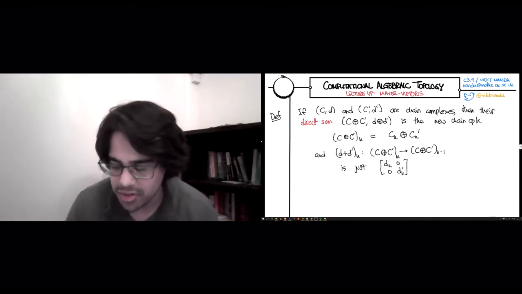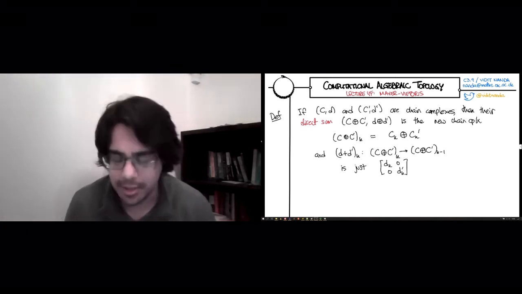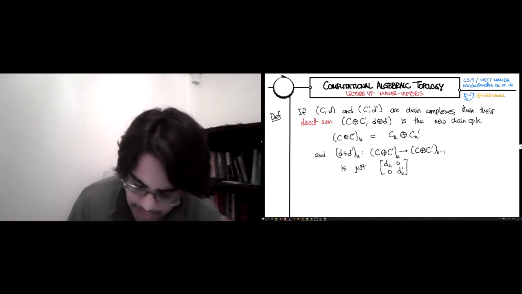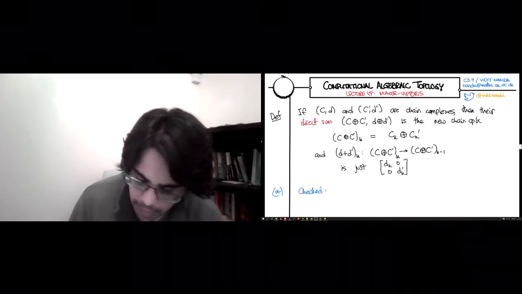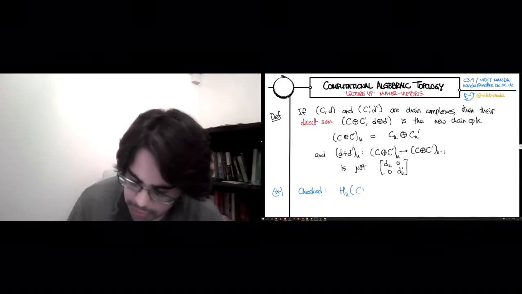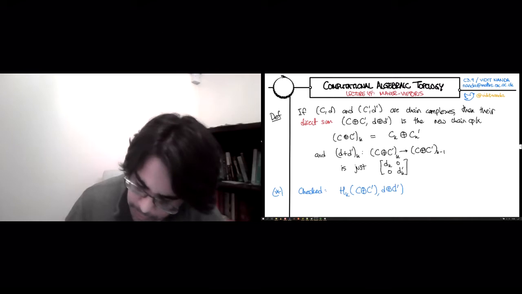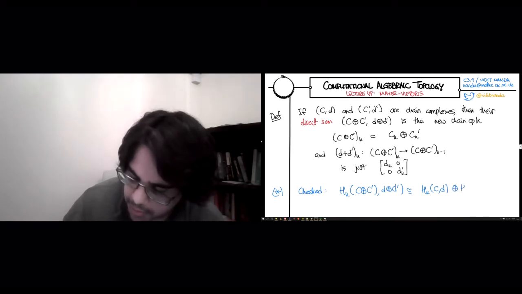It just completely splits into these two things. And because there's no interference between the C and the C prime, the way this boundary operator has been defined, it is easily checked that the kth homology group of this direct sum chain complex is just the individual homology groups direct summed.